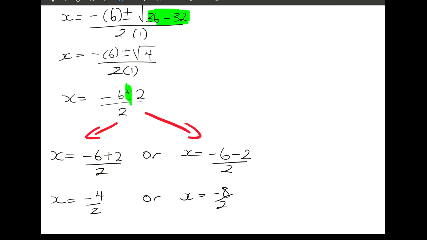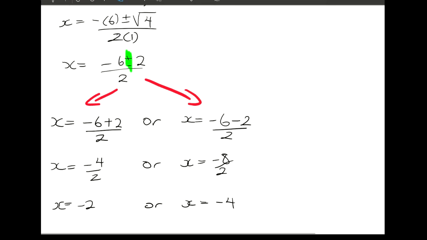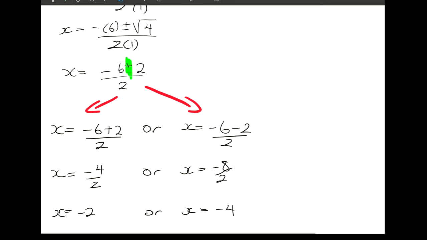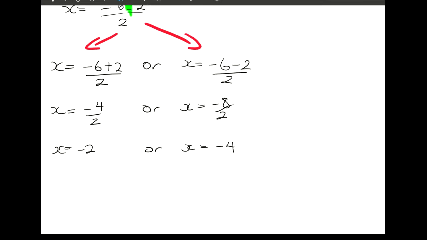You can leave it like that, or break it down further and say x is equal to negative 2, or x is equal to negative 4. That's basically it, and that's our solution: x is equal to negative 2, or x is equal to negative 4.